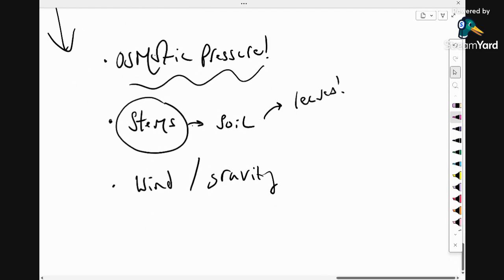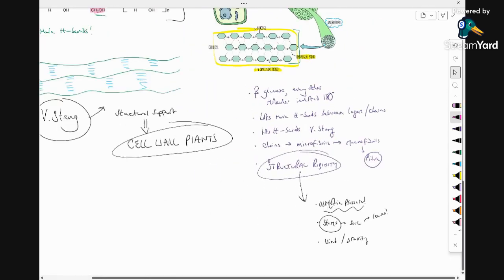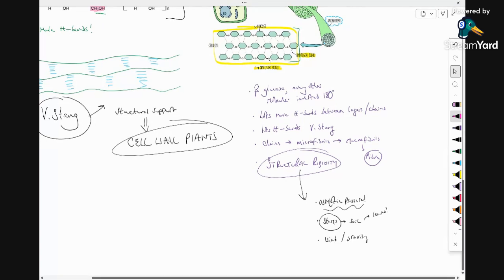So, the wind that blows them around, if they weren't structurally sound, if their cell walls didn't contain cellulose, they'd flop around and then break very easily. Okay, that's the end of carbohydrates nearly, apart from just looking at testing for carbohydrates, which we will cover next time.